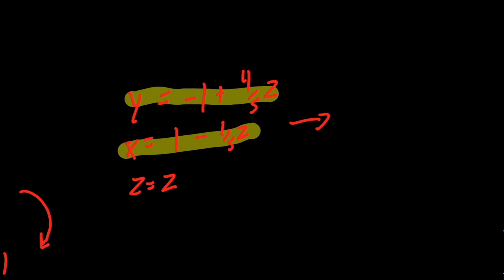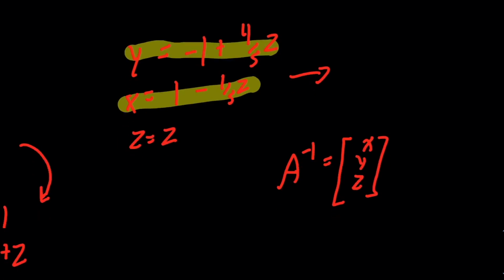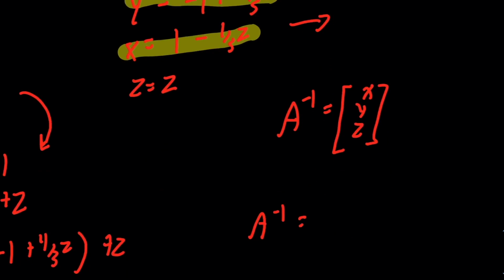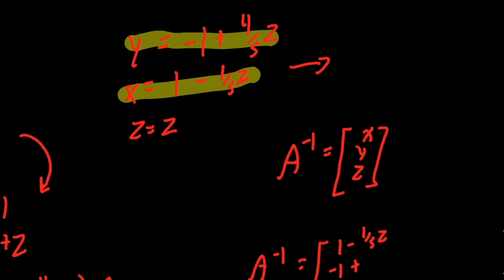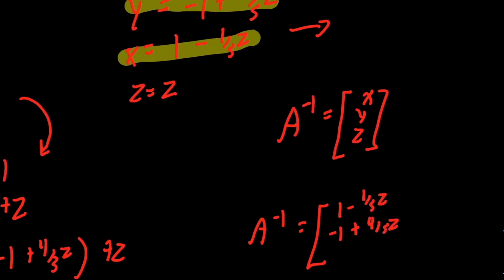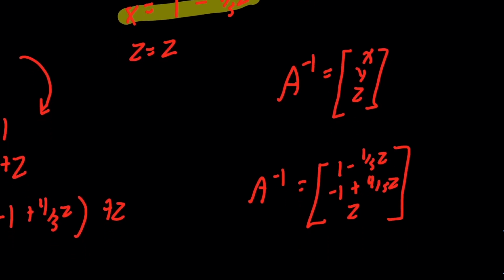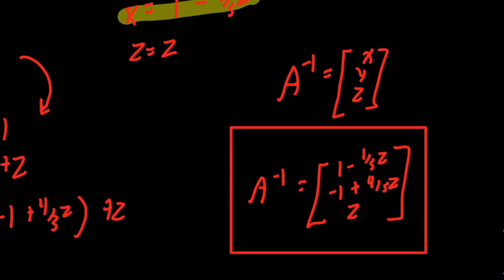So we'll define the matrix as A, and because Gaussian elimination is finding the inverse of a given matrix, it's A to the negative first power, which is equal to x, y, z, and as a result, A negative 1 is equal to 1 minus 1/5 times z, negative 1 plus 4/5 times z, and we get z in the bottom. And there you have it. That is our solution for this given matrix.